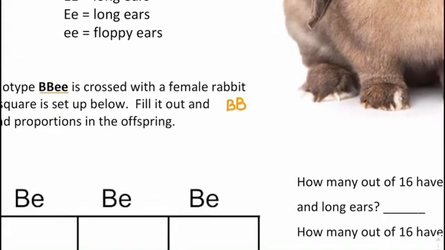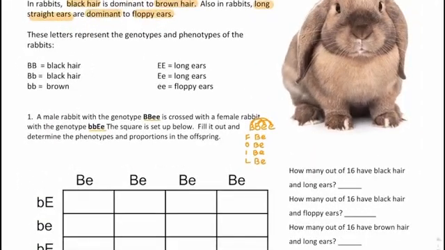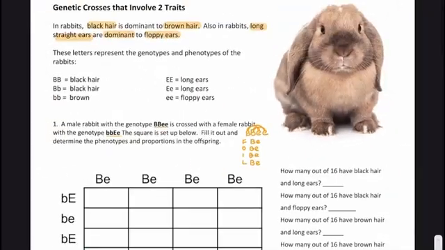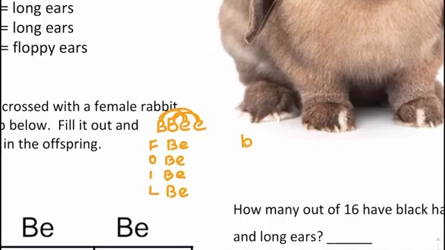So now we're going to use FOIL for the first genotype, BBEE. FOIL is first, outer, inner, last. So we're going to get capital B, lowercase e, capital B, lowercase e, capital B, lowercase e, capital B, lowercase e again. And now we're going to do lowercase b, lowercase e for the next FOIL.